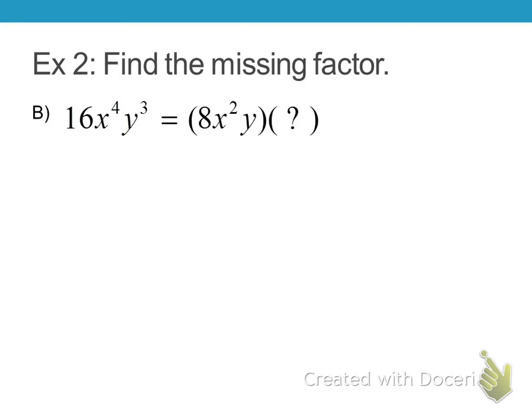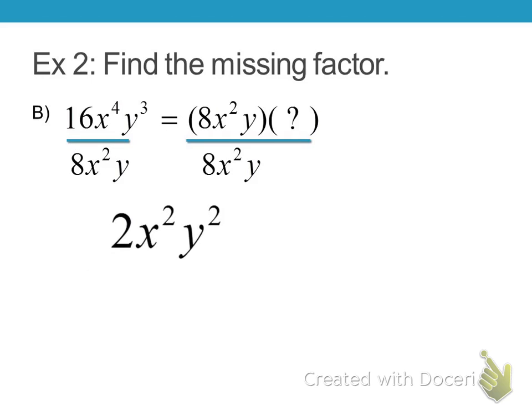All right, and how do we undo multiplying? Divide. So we're actually going to go through and divide both sides by that 8x squared y. And then you can just simplify what you have over here. What is 16 divided by 8? 2. Good. X to the second, y to the very good.